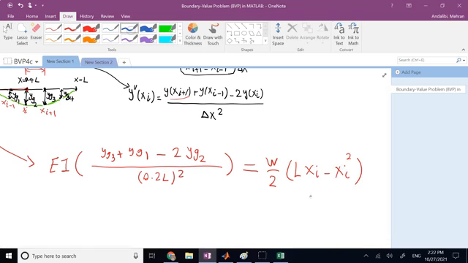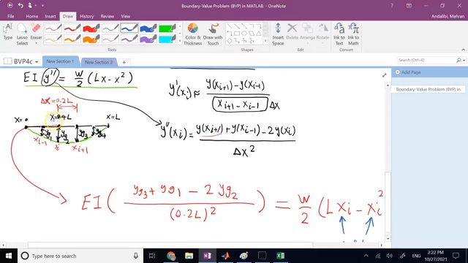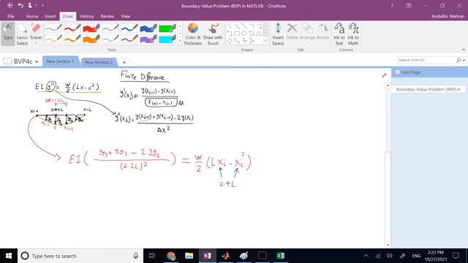And what is this xi for me? It is 0.4 L, as I just said here. Right? So I look at whether the left and the right side are equal or not. And the difference between them, if I subtract them from each other, is what we call a residual or error, at node xi.